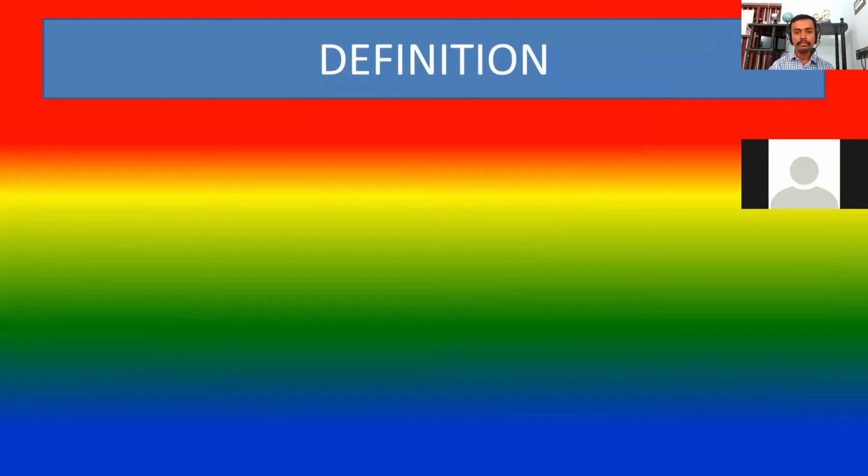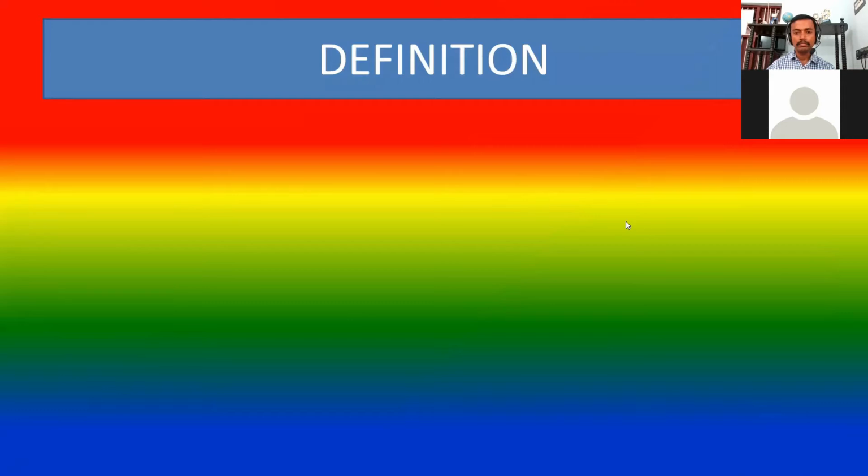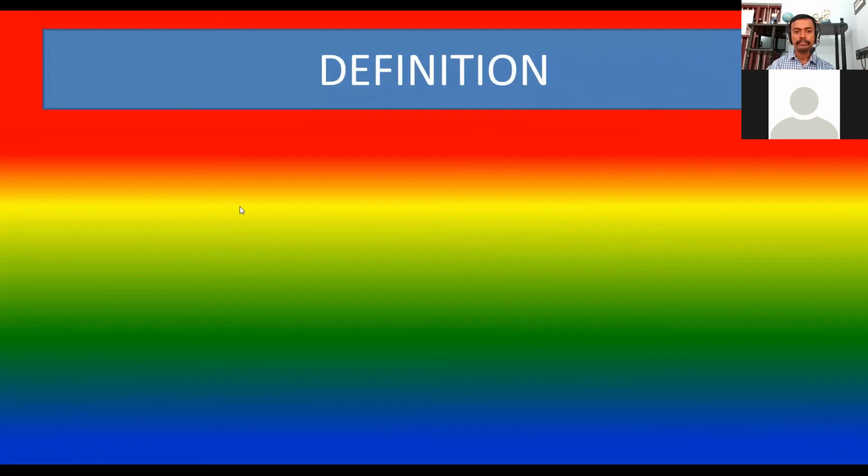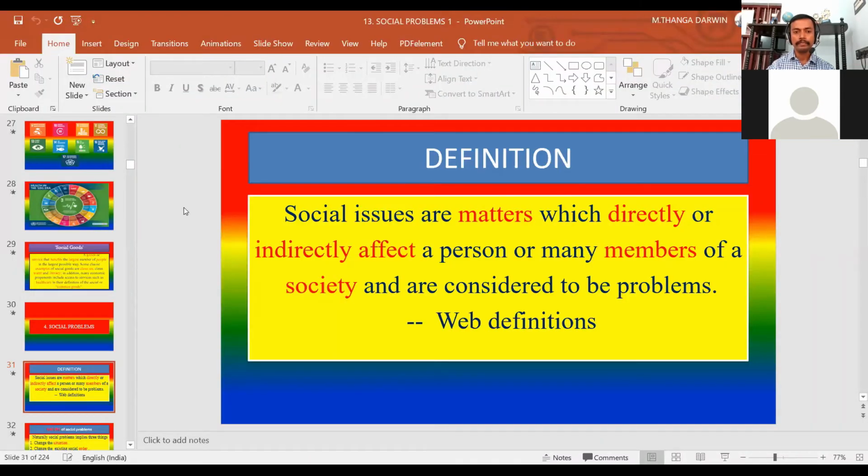Definition. Social problems means issues or matters that directly or indirectly affect the members of society.